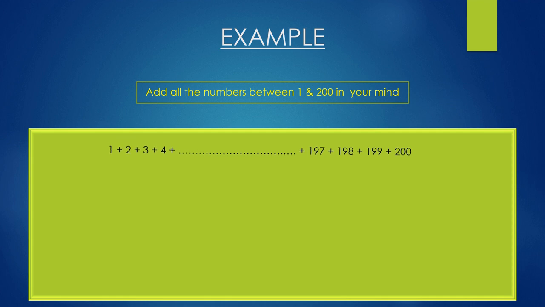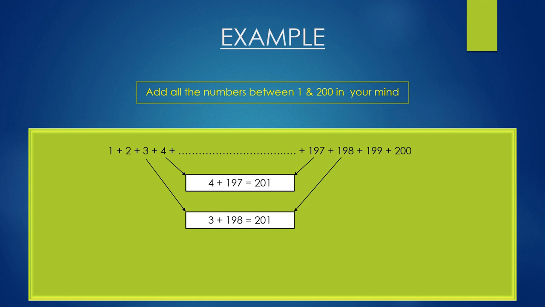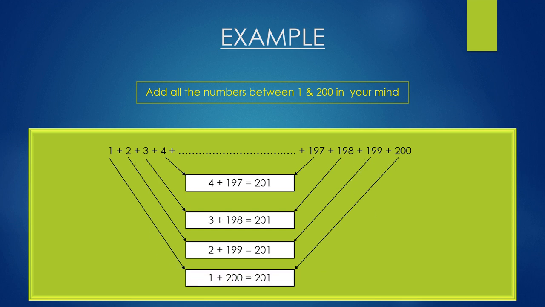If you look closely, you will observe that 4 plus 197 is equal to 201. 3 plus 198 is equal to 201. 2 plus 199 is equal to 201. And fourth, 1 plus 200 is also equal to 201. So each time the result becomes 201.